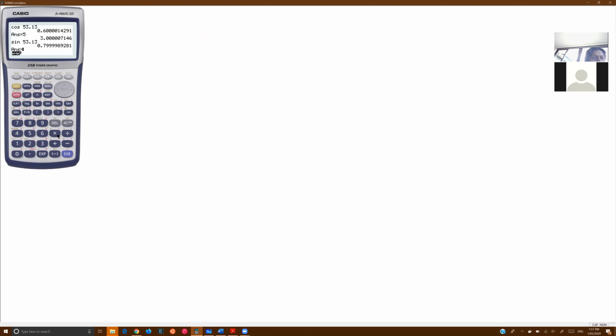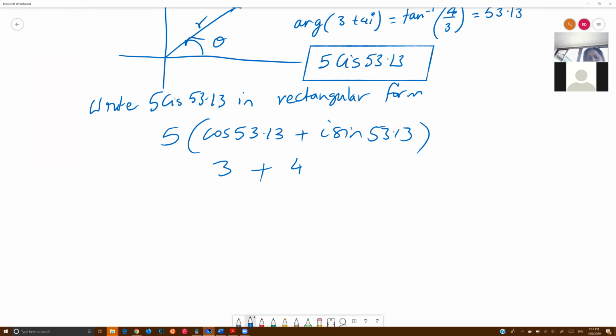Okay, and then I'm going to times it by the radius again, which is 5, which gives me something close to 4. Okay, so there we are. You can see now you've gone back. Of course, there was a bit of rounding, and that's why I didn't get exact values. But you can see how I can go back to rectangular form.